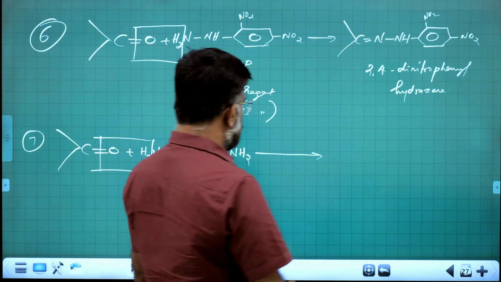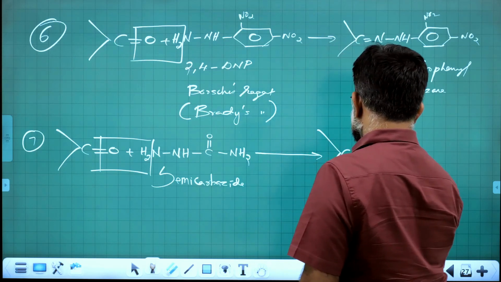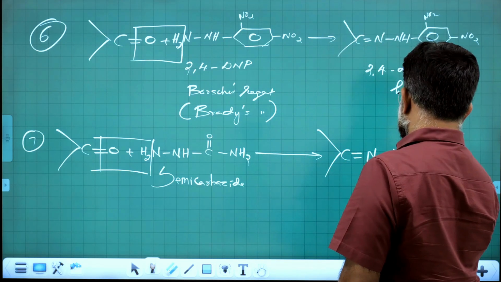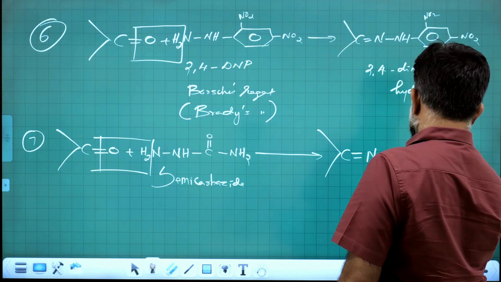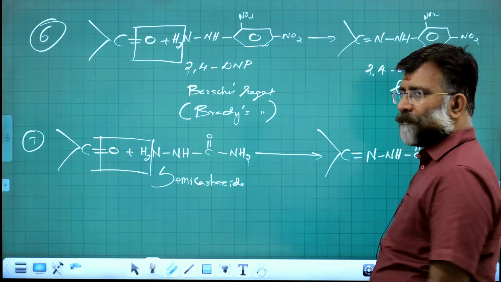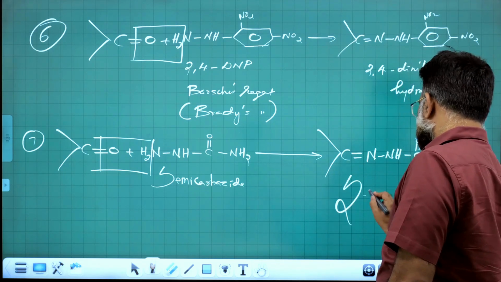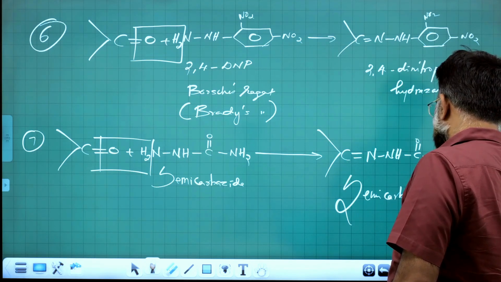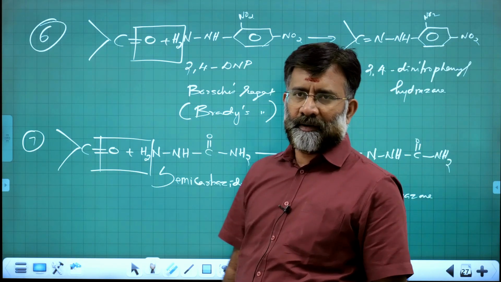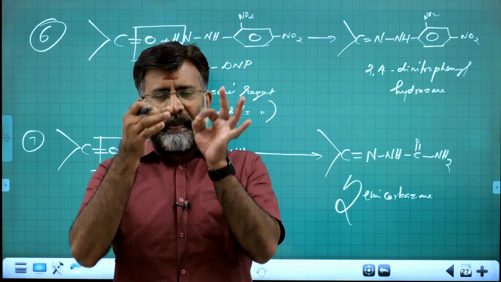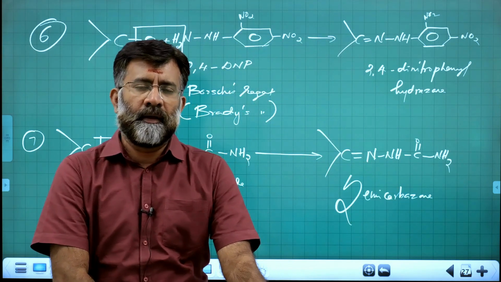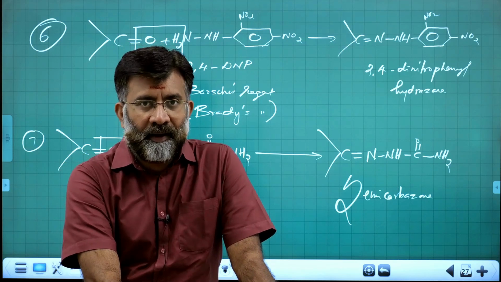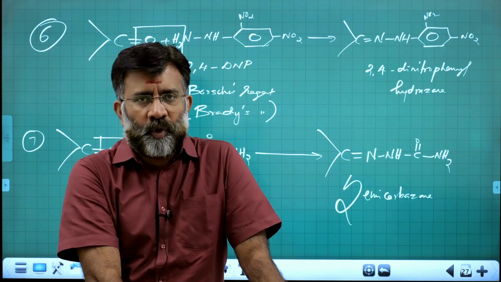H2O out as usual. You get a semicarbazone. So 7 important examples involving ammonia and its derivatives added to carbonyl compounds.